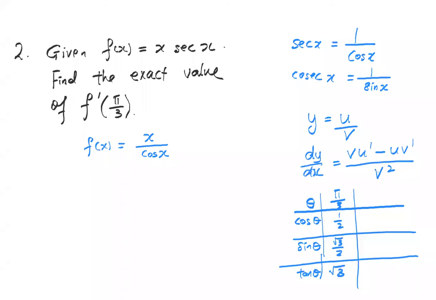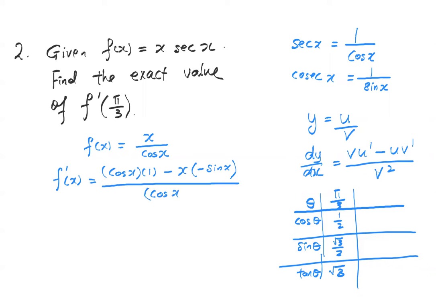Okay, so now I follow the quotient rule. V u prime minus u v prime. Yeah, sin x times 1, I don't write down, divide by cos x the whole thing squared.